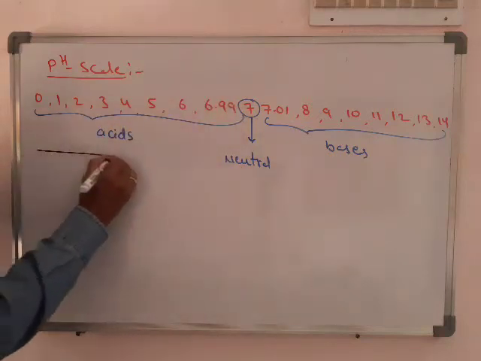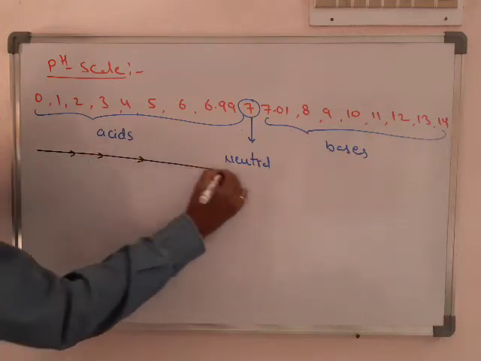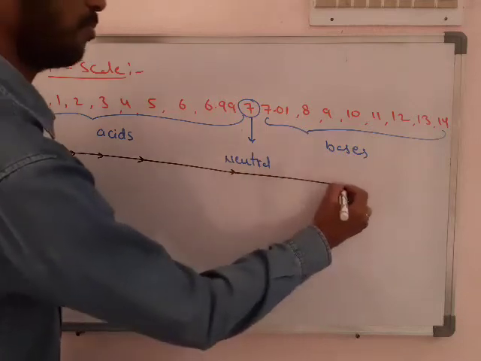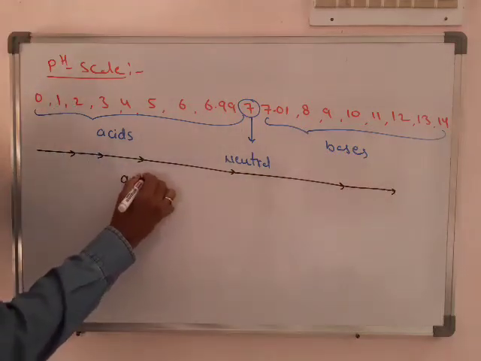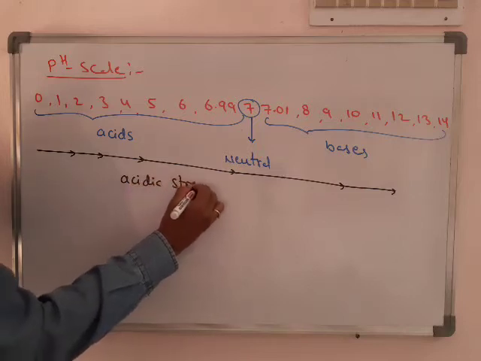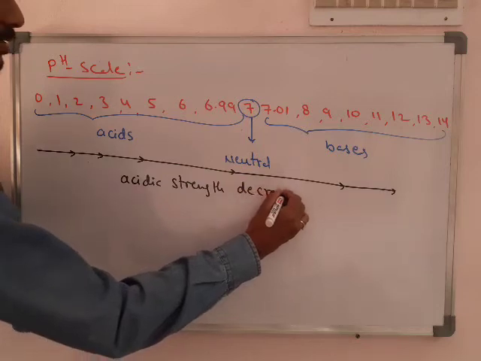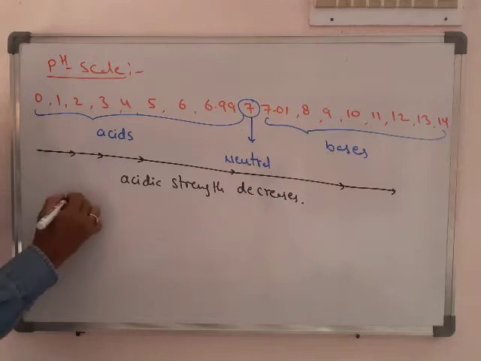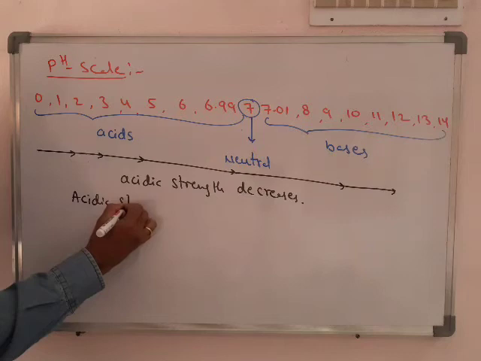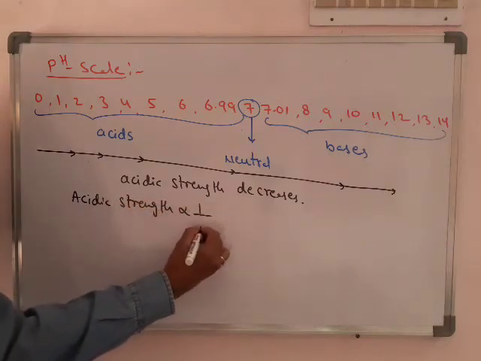So acidic strength is inversely proportional to pH.